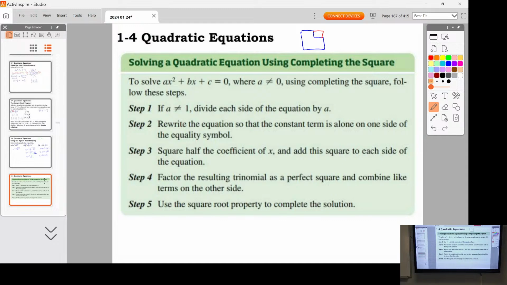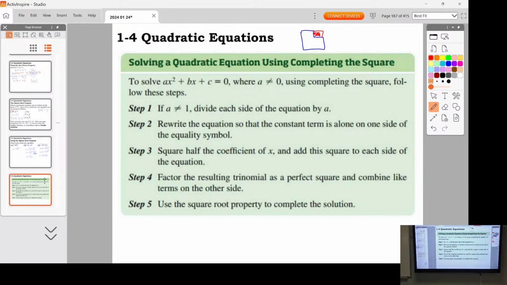Hey, I'm using the term perfect very loosely. Okay, correct. What did I do to complete the square? What did I do to make it a perfect square? Don't think too hard.